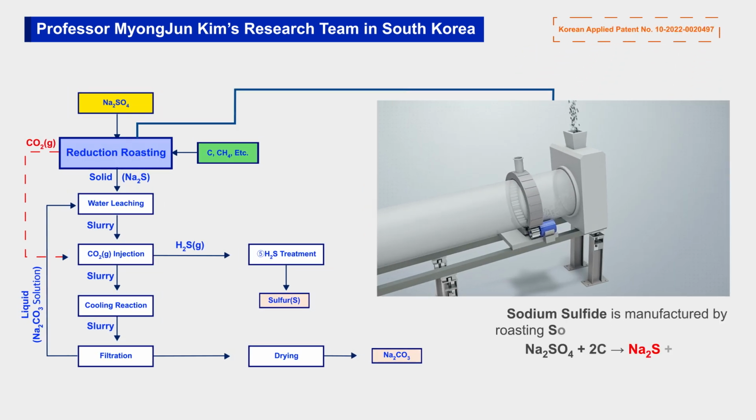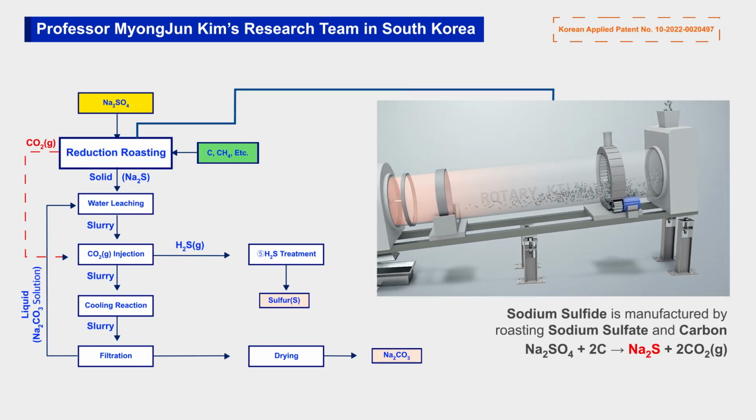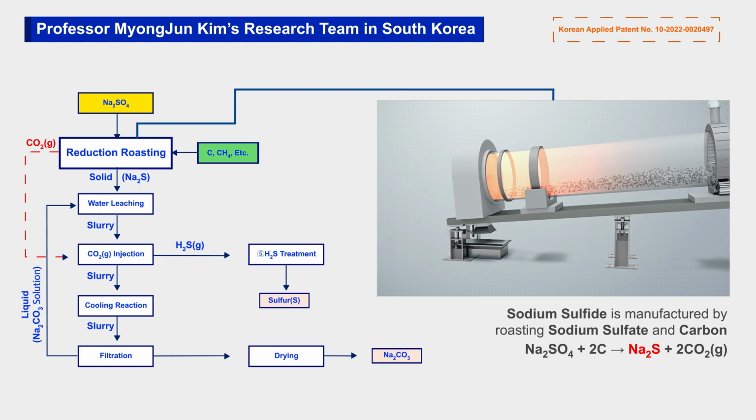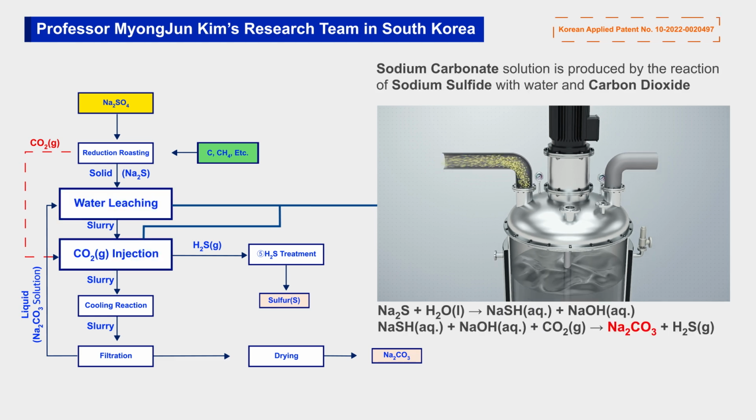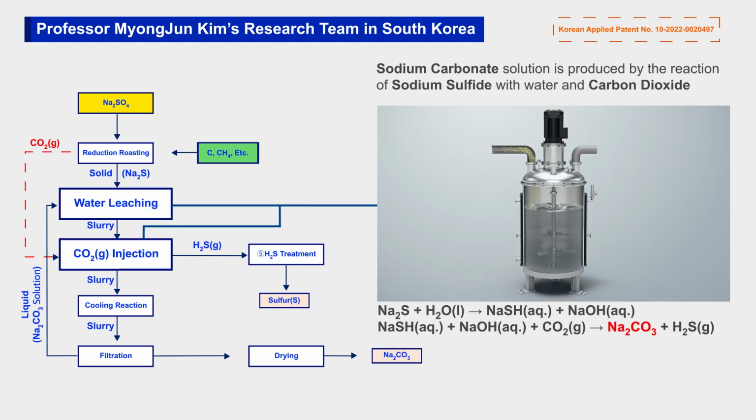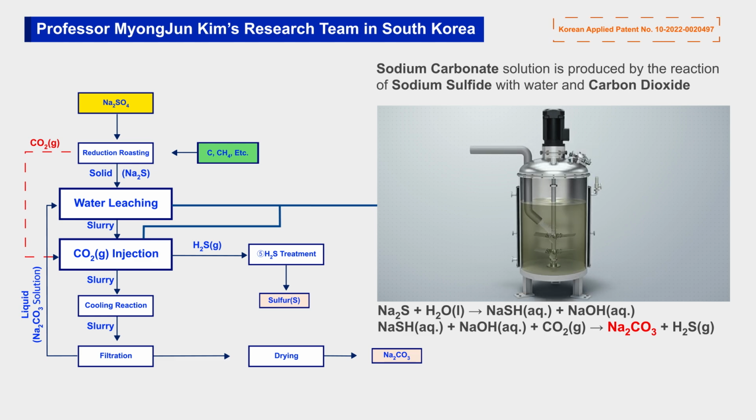In the reduction roasting stage, sodium sulfide is manufactured by adding sodium sulfate and carbon. In the water leaching and carbon dioxide reaction stage, a sodium carbonate solution is produced by the reaction of sodium sulfide with water and carbon dioxide.